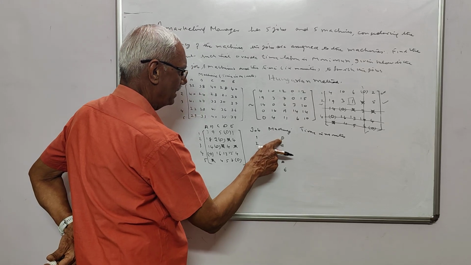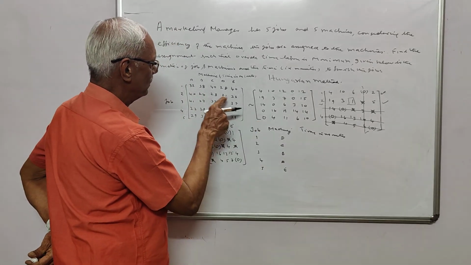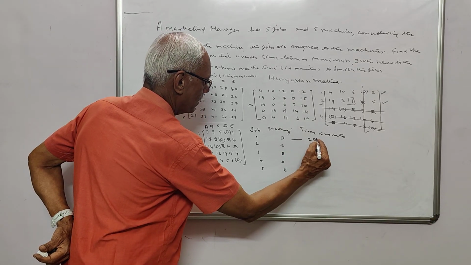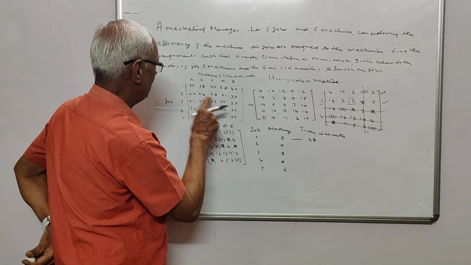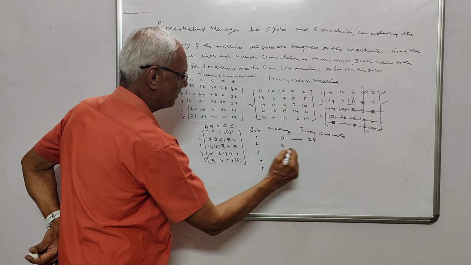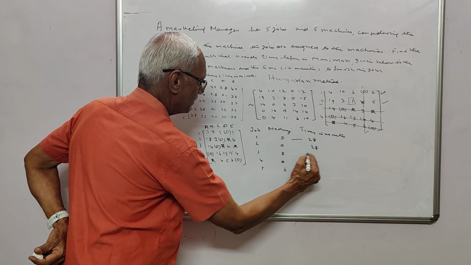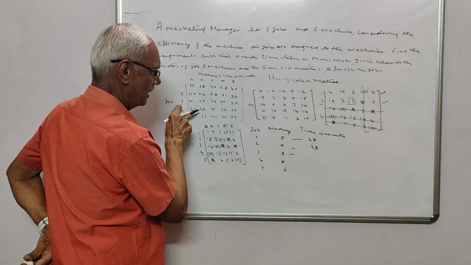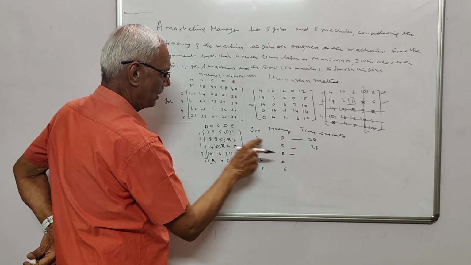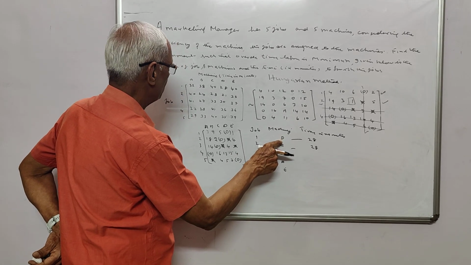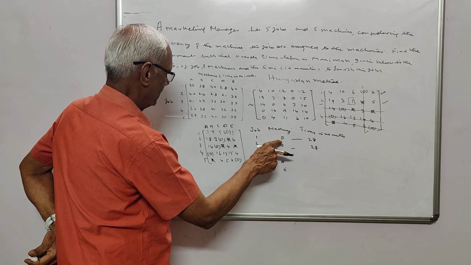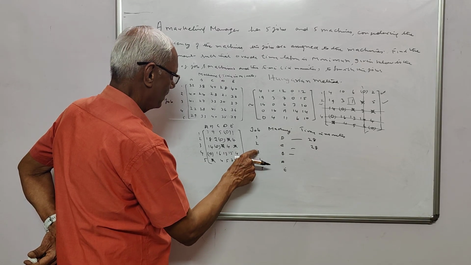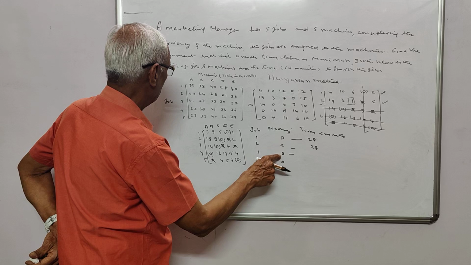Now what is the time taken here? The first job is assigned to D. How many minutes? 28. The second job is assigned to C. So 28 minutes. The third job is assigned to B. Where is B?